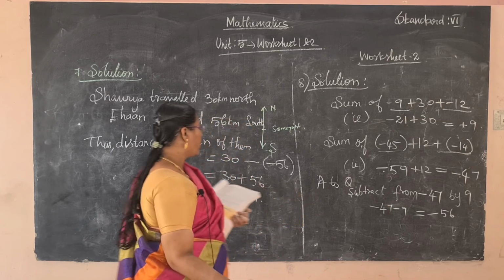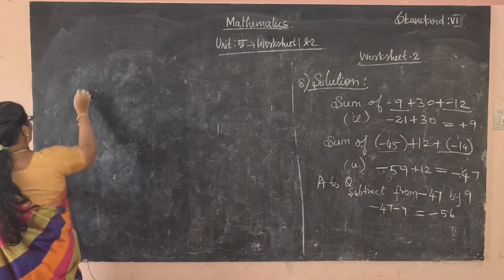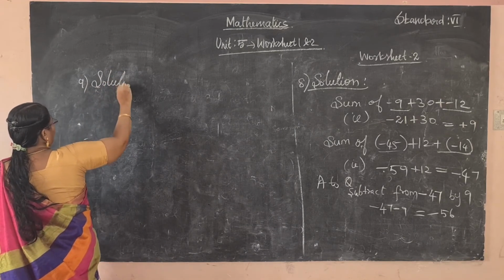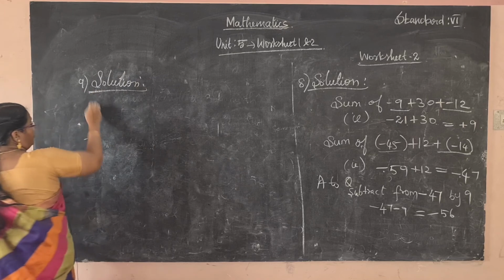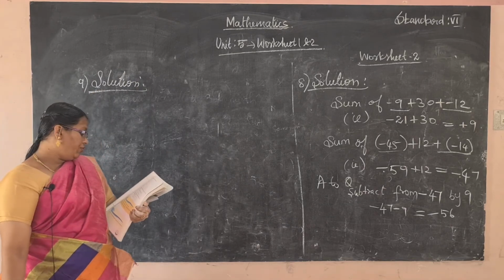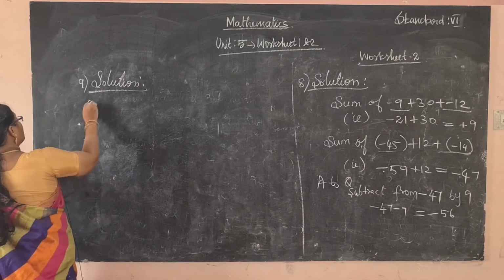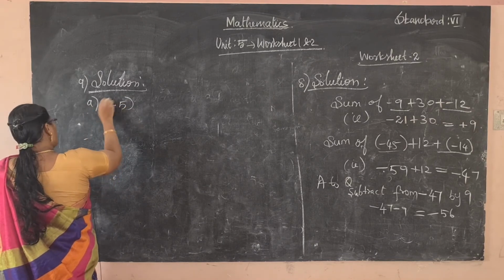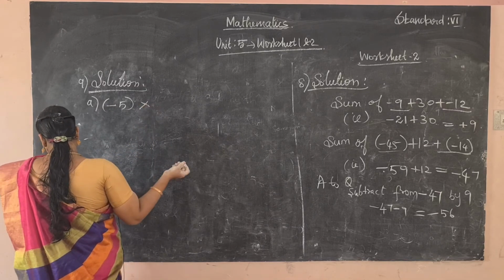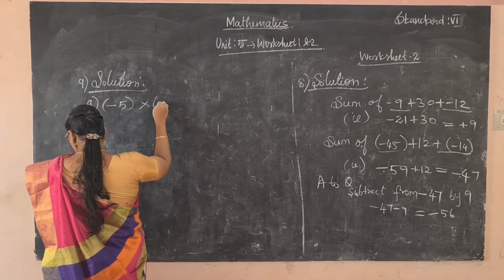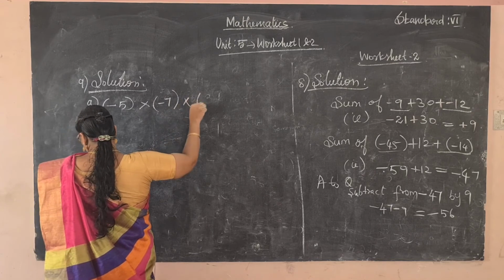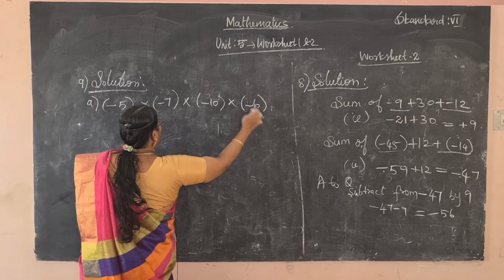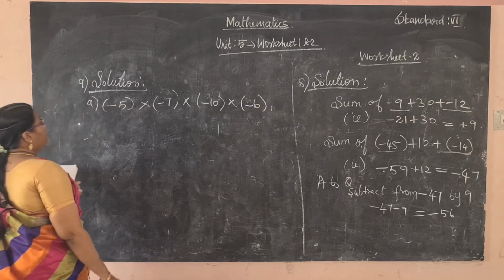And ninth problem. Solve the following. So here also is the multiplication of integers. It has four negative integers: minus 5 into minus 7 into minus 10 into minus 6 is given. So multiply those values.